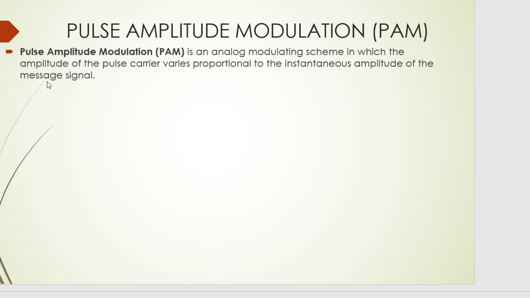Here in analog pulse modulation, the message is analog and the carrier is a pulse-like waveform. According to the instantaneous amplitude of the message, the pulse amplitude of the carrier is varied.